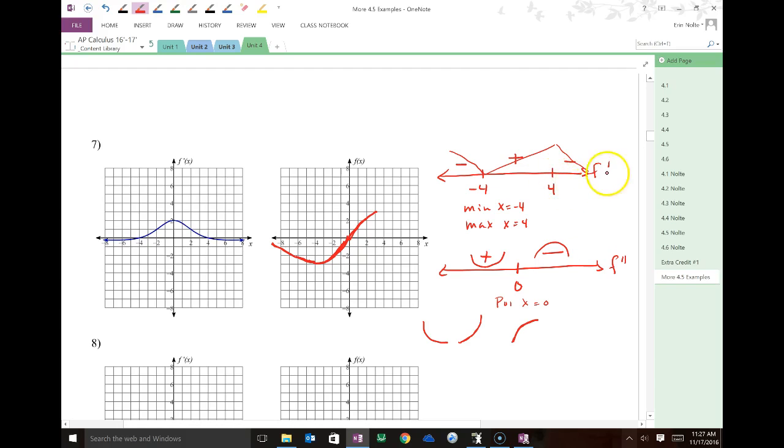So from 4 to infinity, I have a negative slope, negative concavity, so now we're going back down again. Notice that this slope right here gets really, really flat. I know that the slope is negative, it's going down, but really slowly.